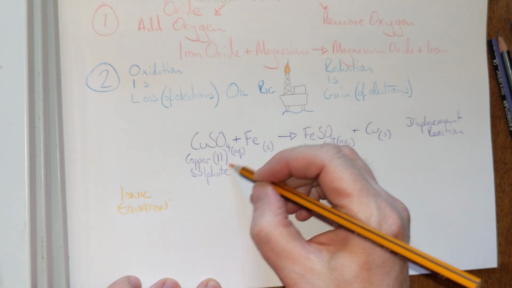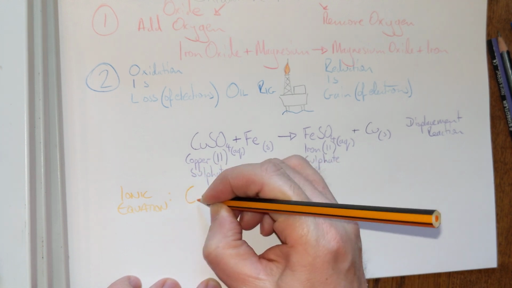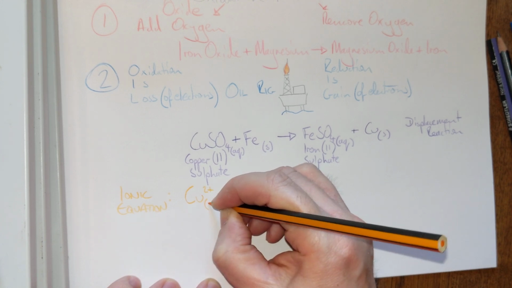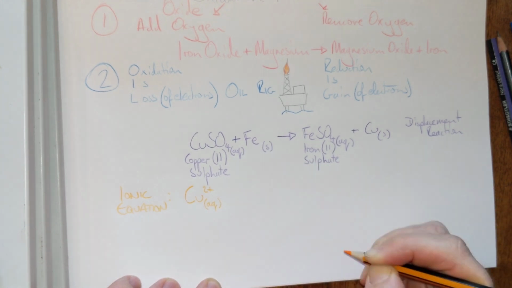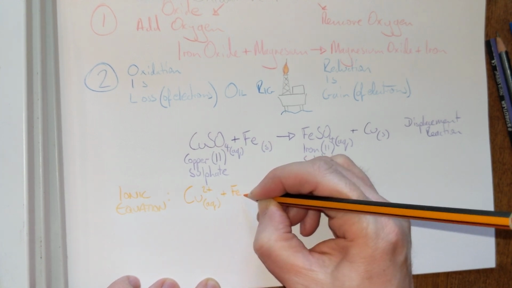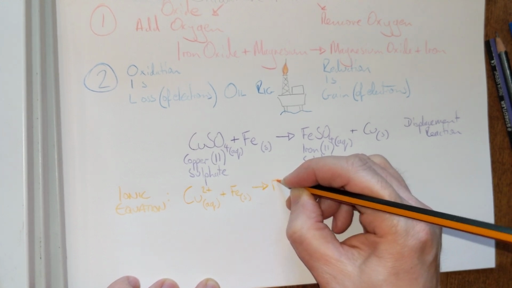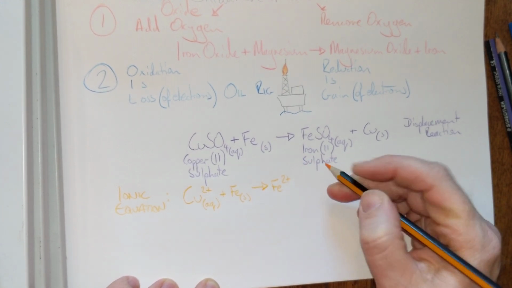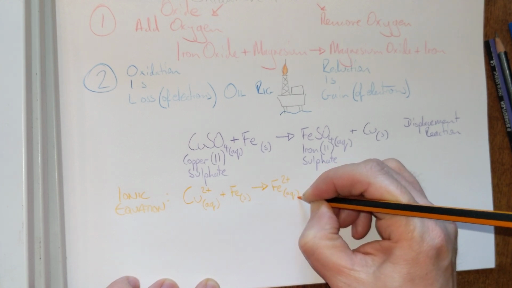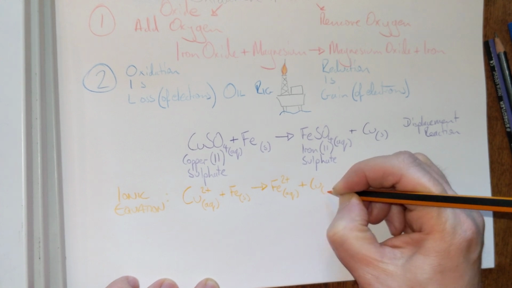So that 2 tells us that this is a 2+ ion. So it's Cu2+, aq. We're then reacting it with iron, Fe, solid, and it's turning into Fe2+, which is then aqueous, dissolved in water, plus solid copper.